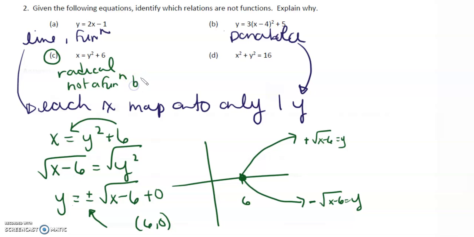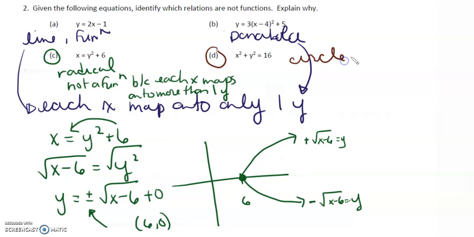Okay, because each x maps onto more than one y. Okay, and D. D is a circle with radius 4.